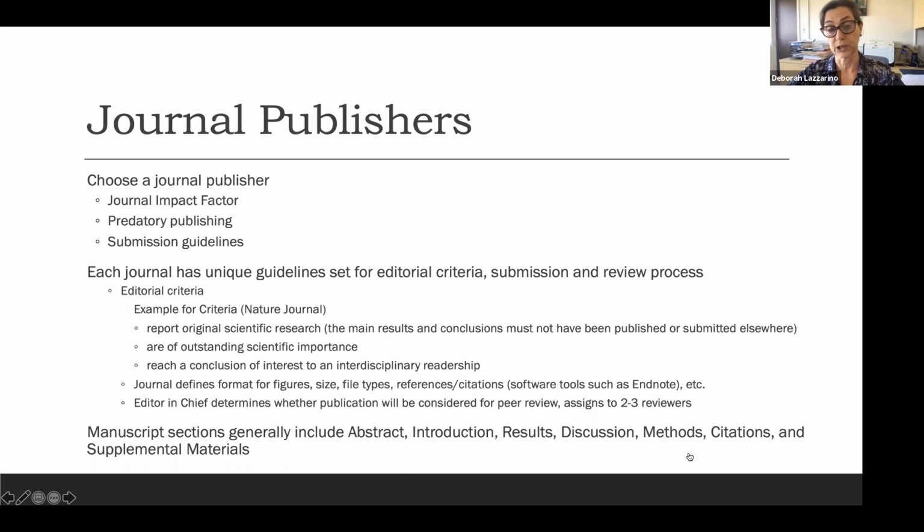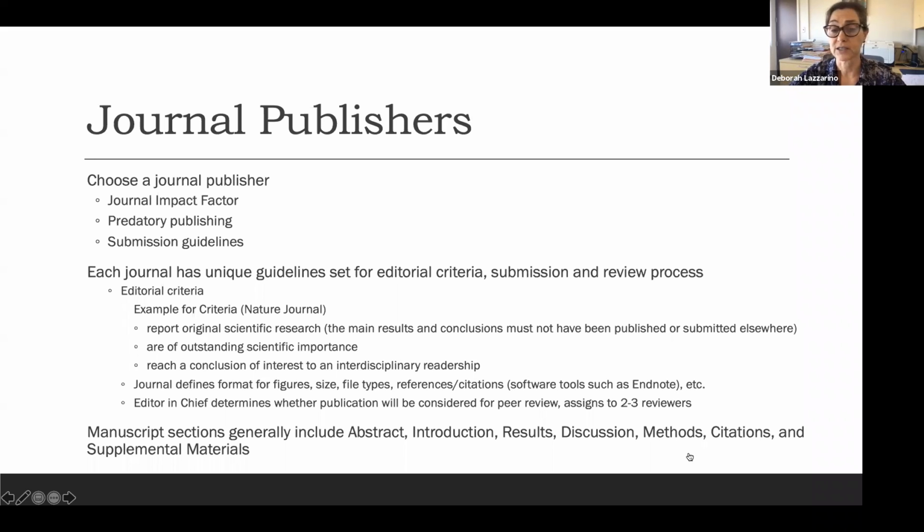I have an example here for Nature Journal, which, like I said, is actually a really excellent scientific publication journal. And so they really want original work, outstanding scientific importance, of course, and then reaching a conclusion that really has interest for other readers and scholarly works.